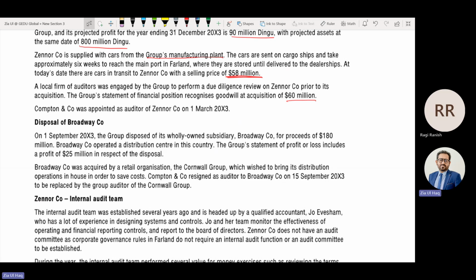On 1st September 2023, the group disposed of its wholly owned subsidiary, Broadway Company, for proceeds of $180 million. Broadway Company operates a distribution center in its country. The group's statement of profit or loss includes a profit of 25 million in respect of the disposal. So the sale is made for 180 million and the profit they have recorded is 25 million.